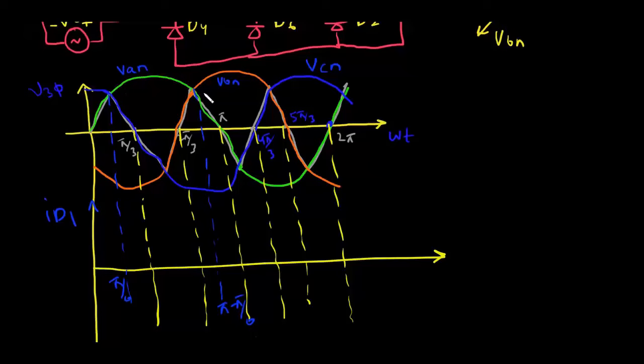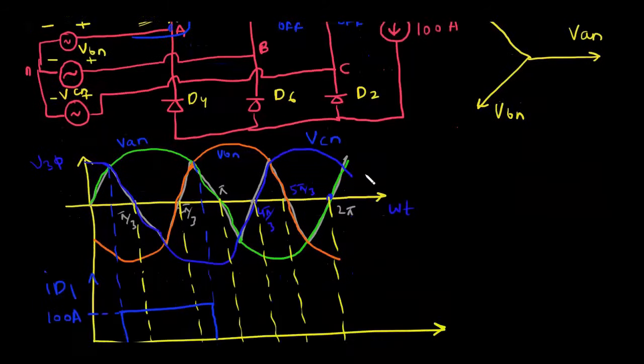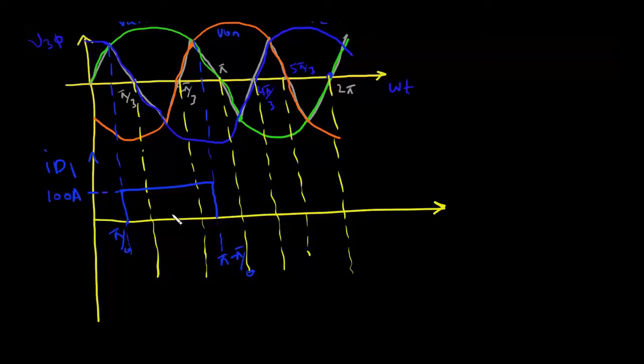So D1 will conduct during this interval, and its value is 100 amp, which is equal to the DC current source, because current will flow something like this. And D3 and D4 will be in the off state, and it will remain off till 2 pi.